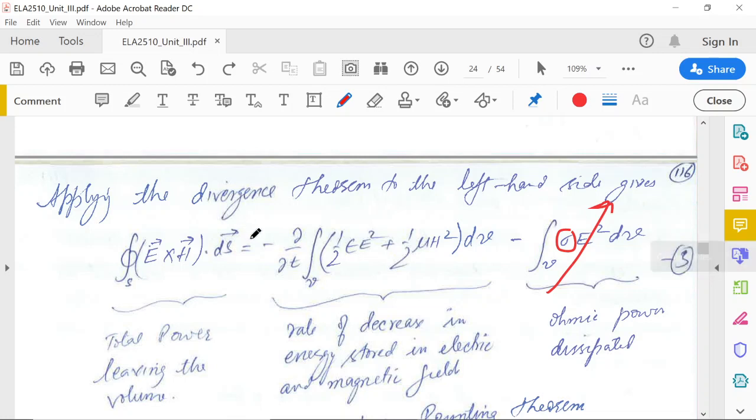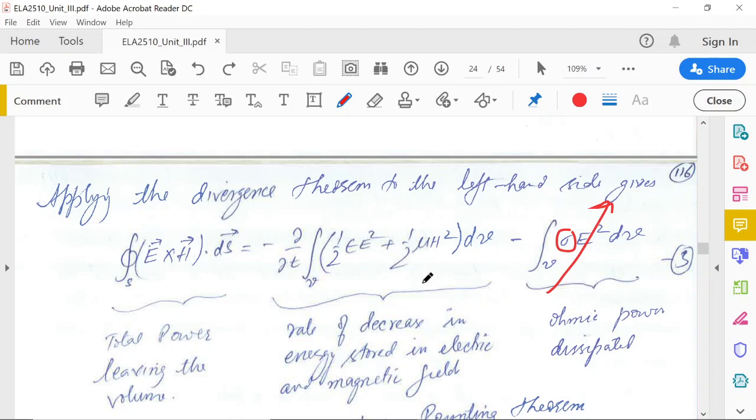The other term is zero. So this expression, the closed integral of E cross H dot ds over the closed surface, gives you how much power is decreased inside the volume. The same amount of power which is decreased in the volume will come out from that volume, because energy cannot be created or destroyed.